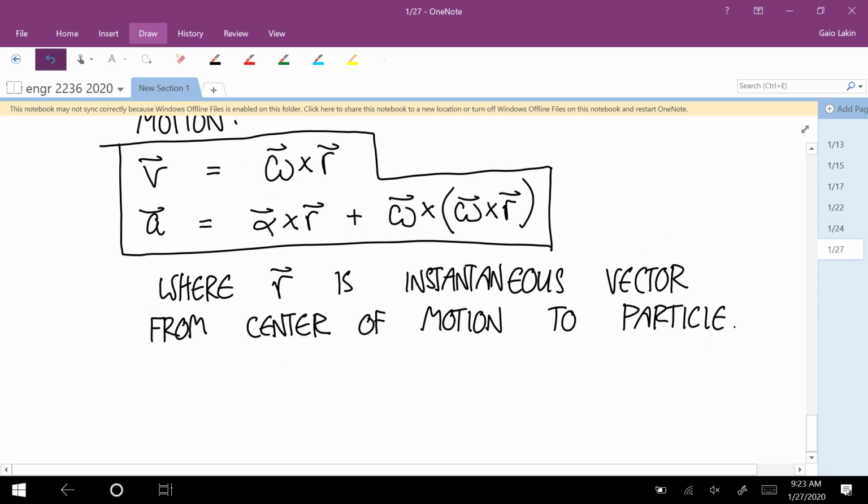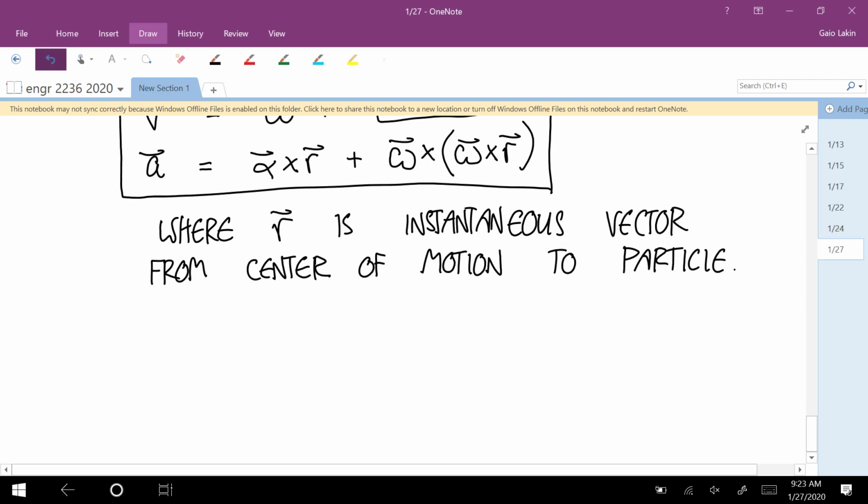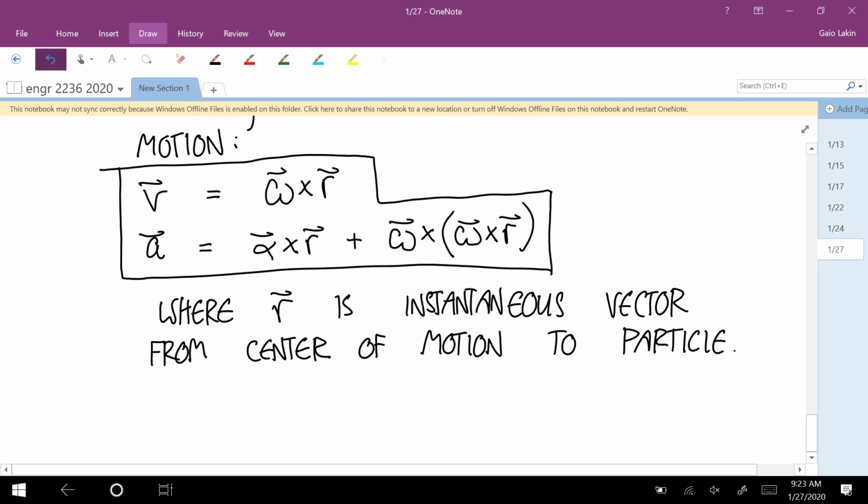Have you ever seen these equations before? Probably you didn't see it exactly in that form, or maybe you did kind of in passing. But you've dealt with circular motion before in physics 1. So notice that what you saw in physics 1 was that the magnitude of the velocity, the speed of an object, was equal to the radius of the circular path times the magnitude of the angular velocity.